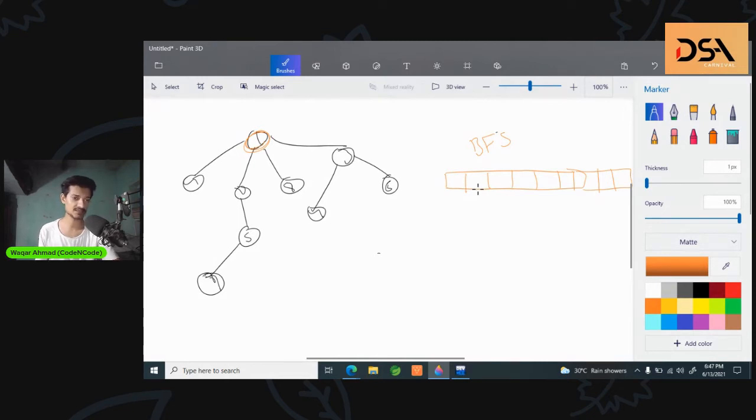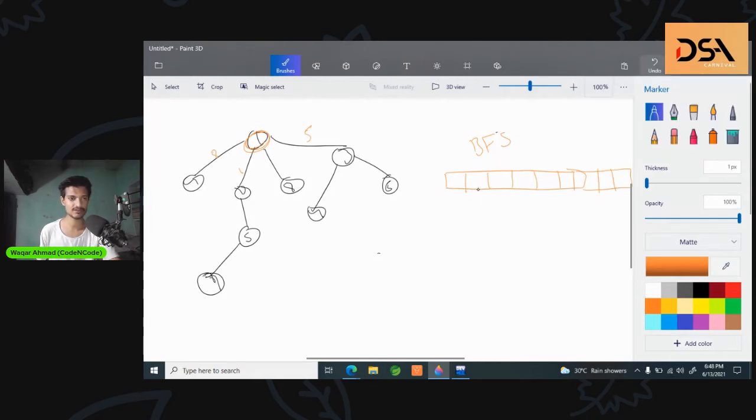Shortest path, by that I mean when we have a graph which doesn't have weighted edges. What is a weighted edge? In a graph, each edge can have its cost. For example, if these two are cities and this is the road, it can describe the length of the road. That is called a weighted graph.